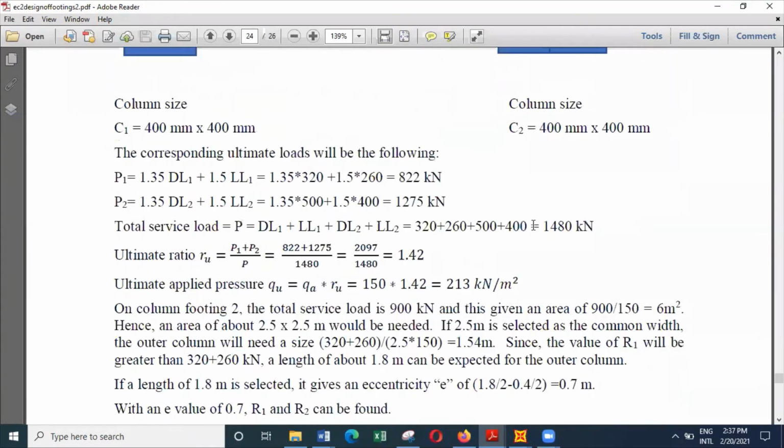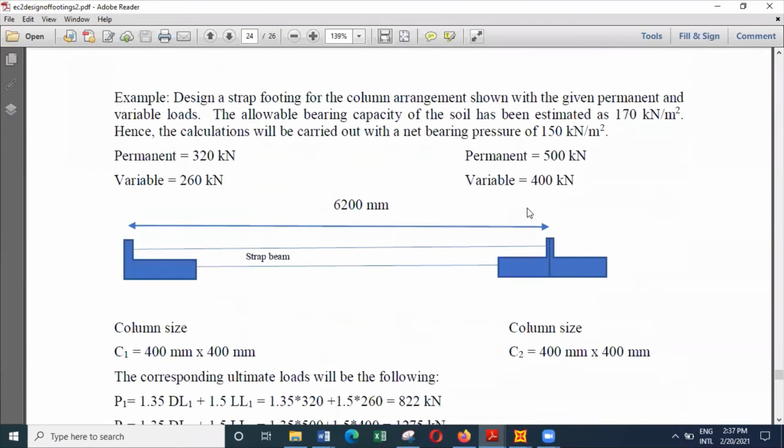We'll use the same value and a width of 2.5 meters for this base, and then we can find the length of this base required, that is the inner base. So outer base is 1.8 meters of length and 2.5 meters of width.